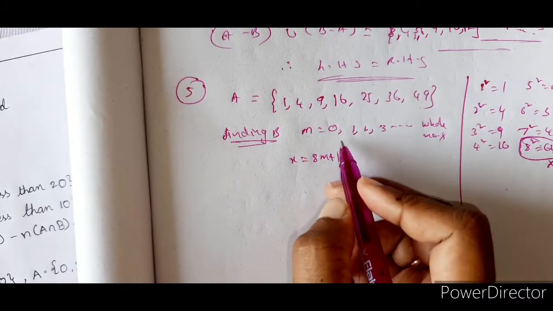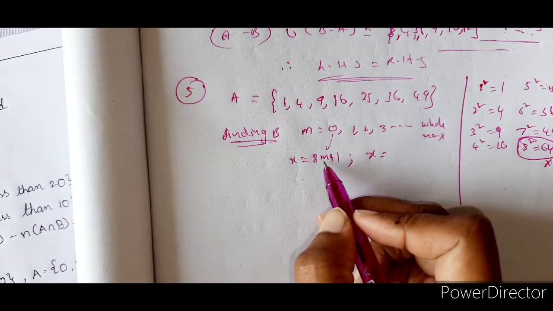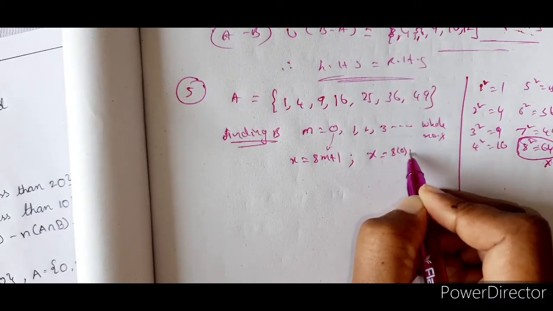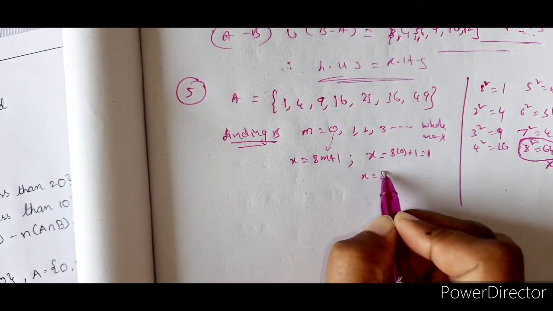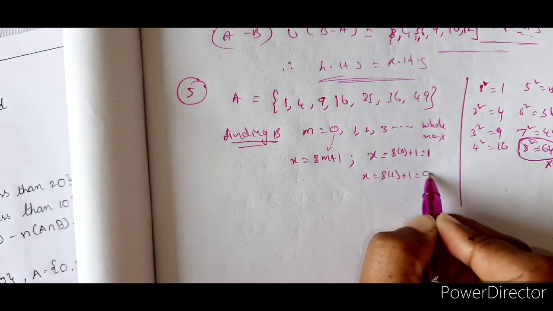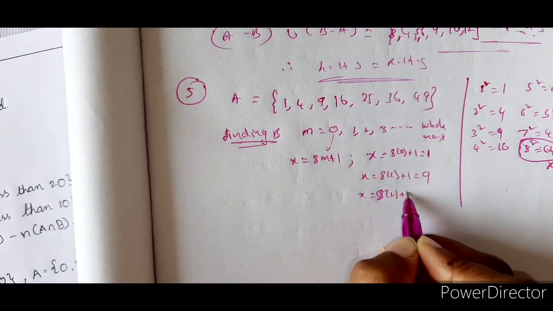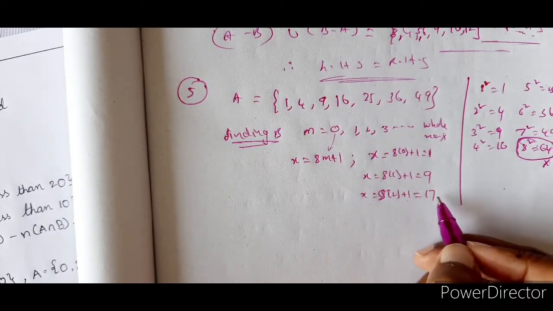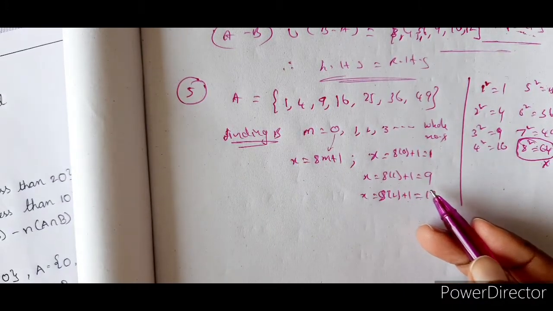That means the first element here is corresponding to 0. So X is equal to 8 into 0 plus 1, which is equal to 1. Now second one, X is equal to 8 into 1 plus 1 is 9. Third one, X is equal to 8 into 2 plus 1. This is 17.